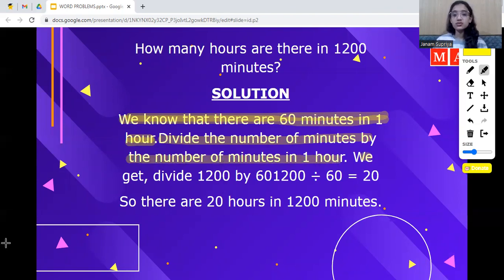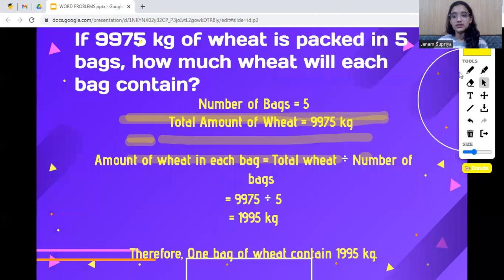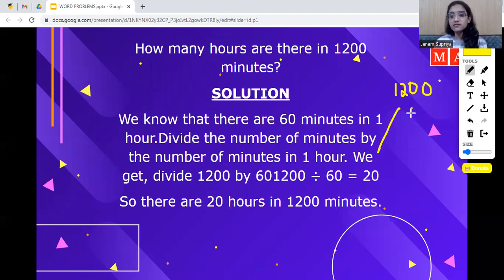We need to divide 1200 into parts of 60 minutes.